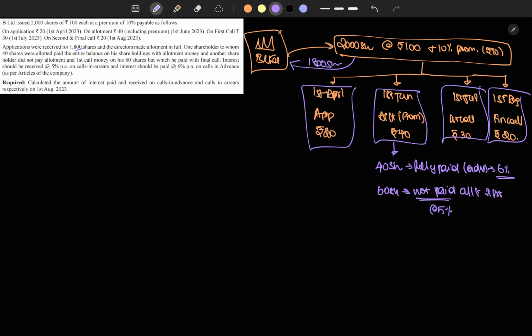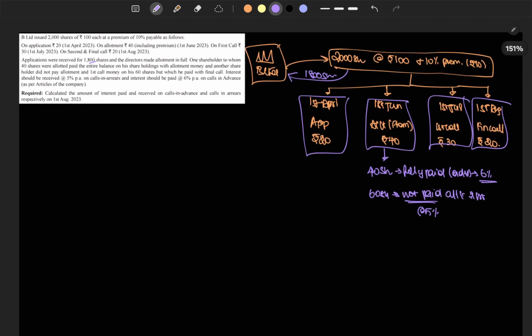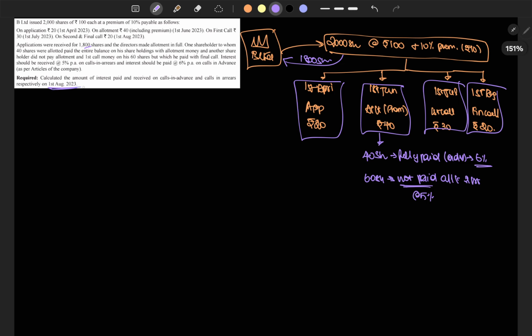We need to calculate the amount of interest paid and received on calls in advance and calls in arrears respectively, as on 1st August 2023.